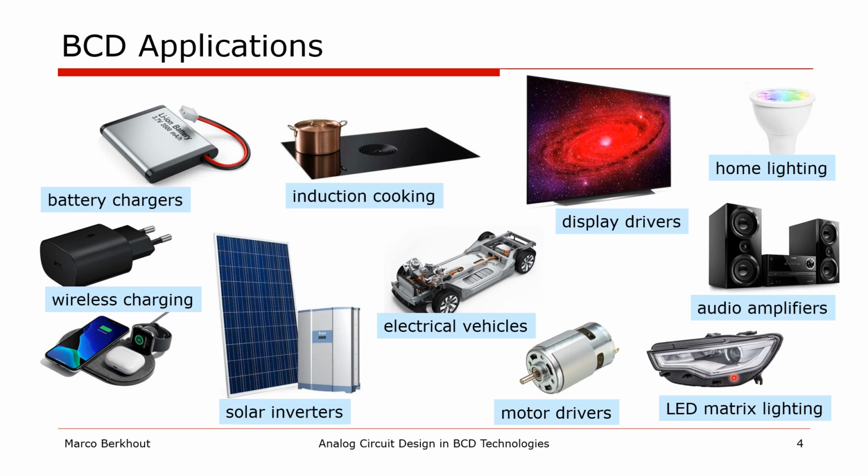And also at home, you cannot get around BCD, where it is used for audio, lighting, and display drivers of your TV and laptop, and even induction cooking. BCD technology can basically be found anywhere where electrical power is converted to motion, light, sound, heat, or simply another form of electrical energy.